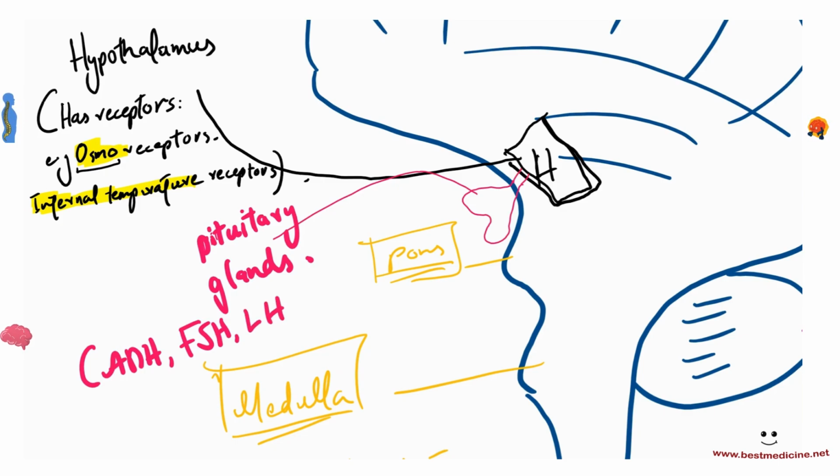Luteinizing hormone, LH, which helps in ovulation. And TSH, thyroid stimulating hormone. Thyroid stimulating hormone essentially goes to the thyroid gland and stimulates it for production of thyroid hormone, which is thyroxine. Okay?